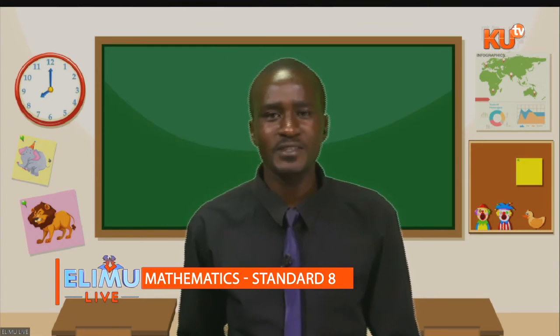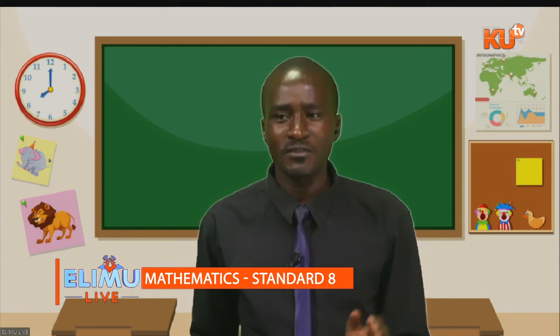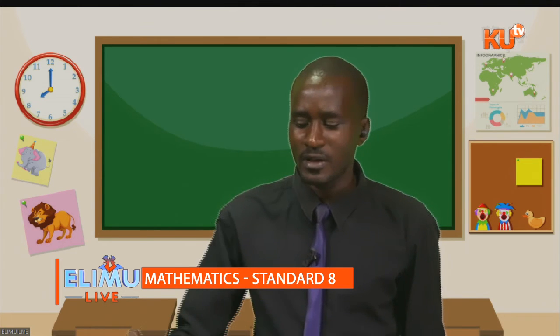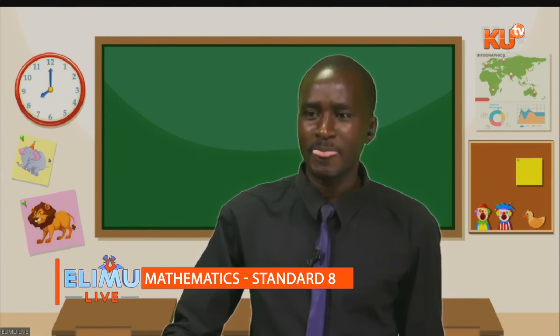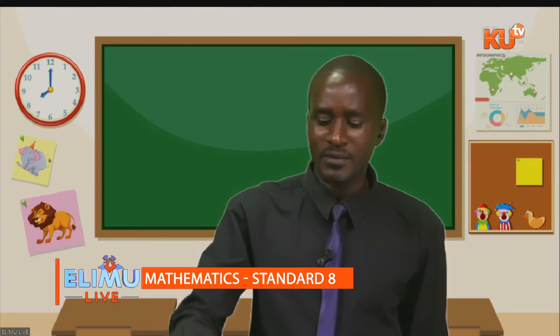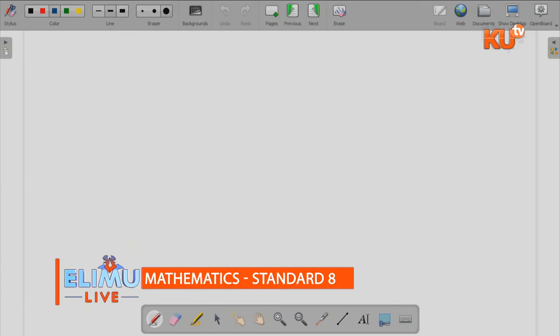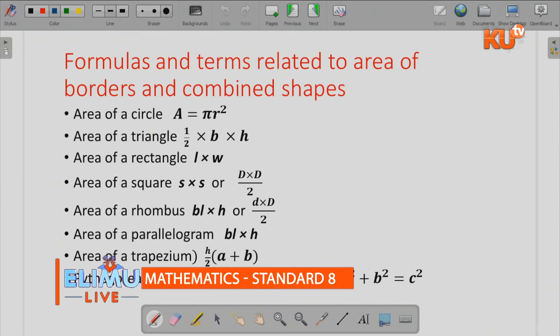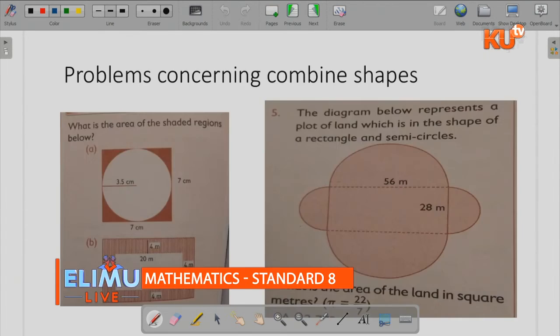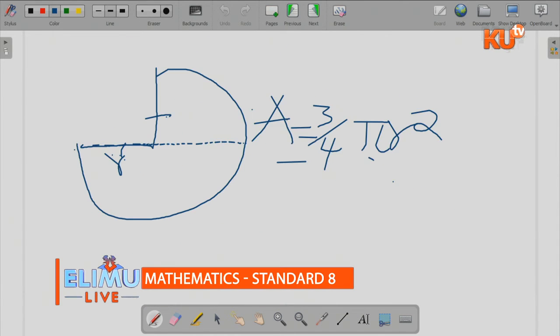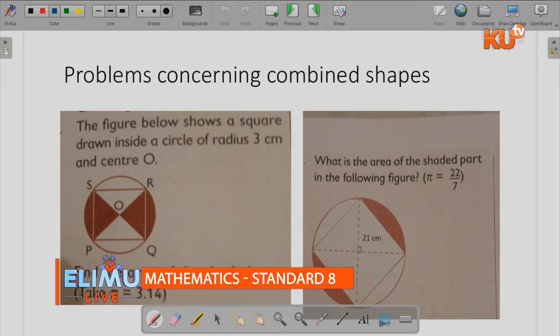Now I will have a quarter circle and I will have a triangle, because at the beginning we demonstrated the formulas, and those formulas, make sure you always consider them. Let's move to the next question.